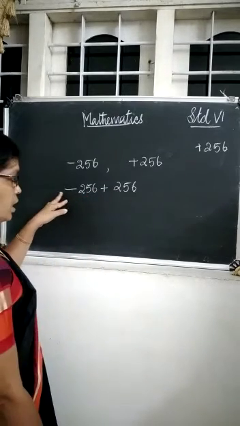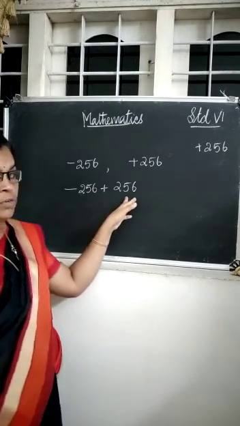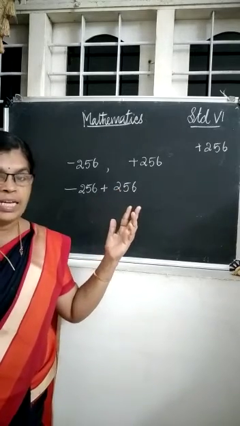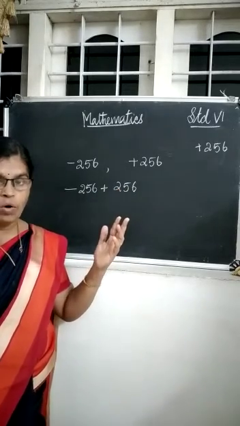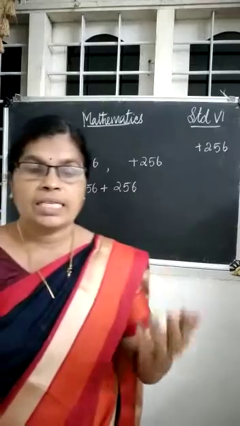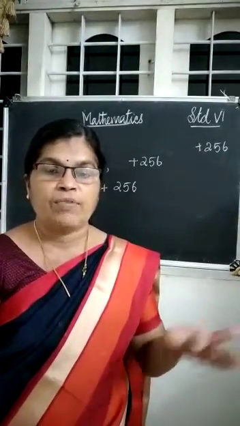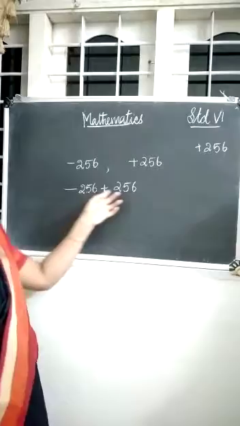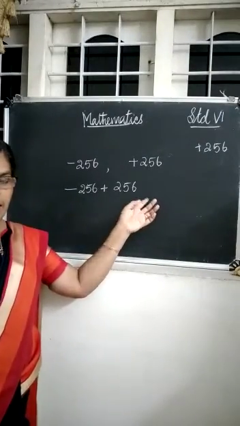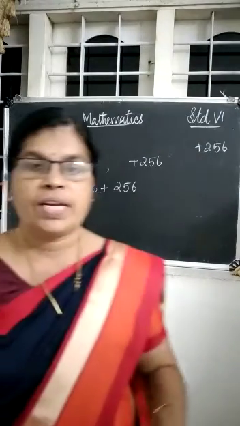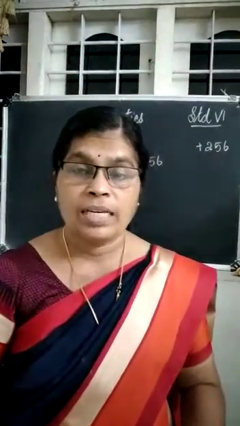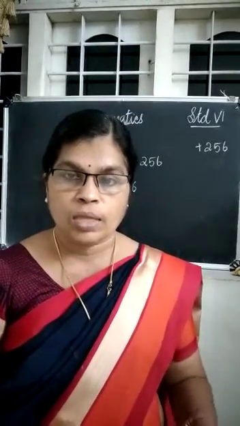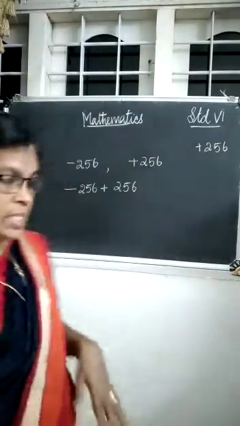So negative 256 and positive 256. How to add a negative and a positive? Take the difference: subtract the smaller number from the greater number. Here both numbers are the same, 256 and 256. If we subtract, what do we get? We get 0. There is no greater or smaller number because both are the same. So the answer is 0.